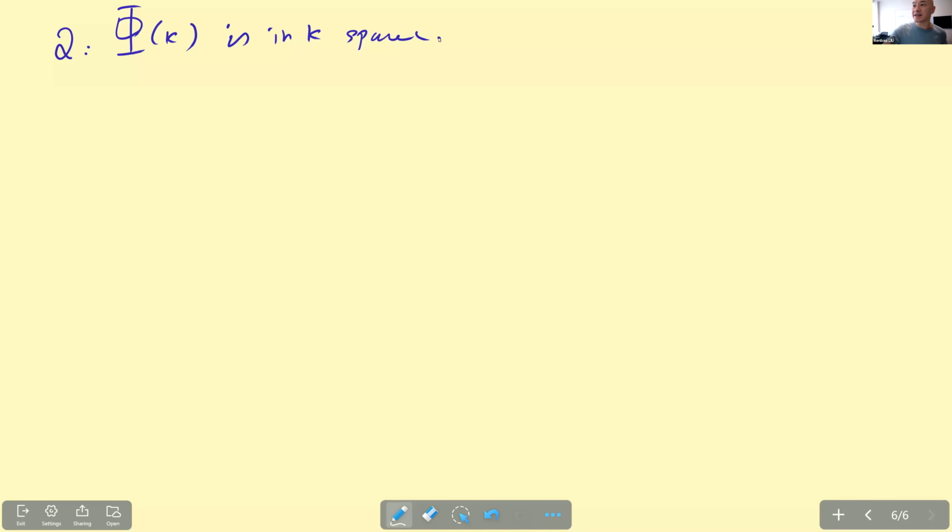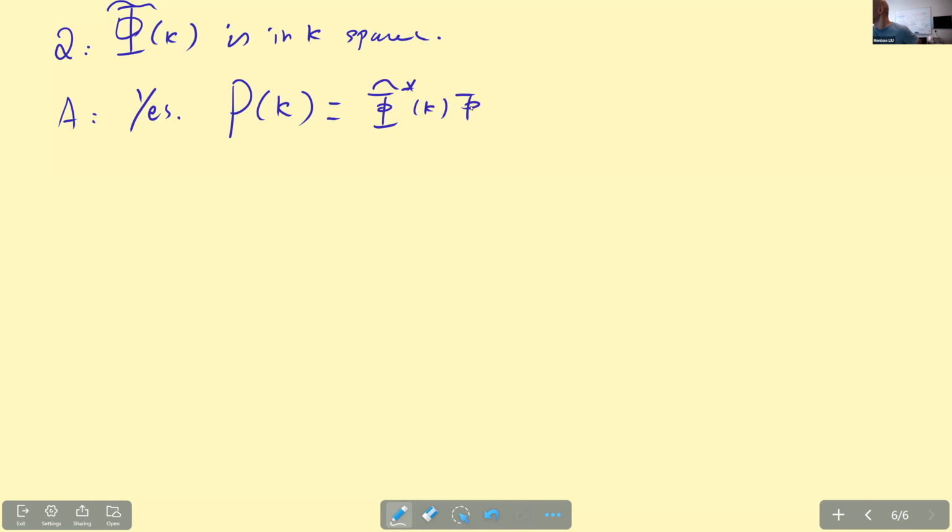Okay, and you can say that percent tiered. And actually, if you look at the probability in the K space, that equals percent tiered K and percent tiered.